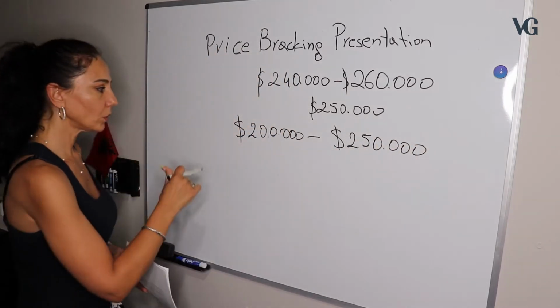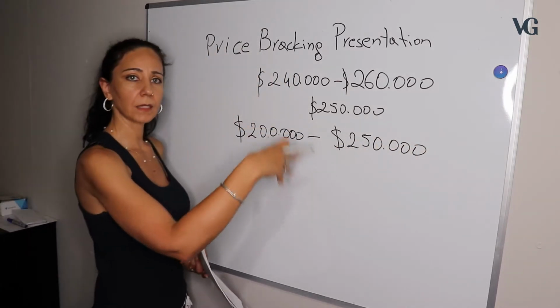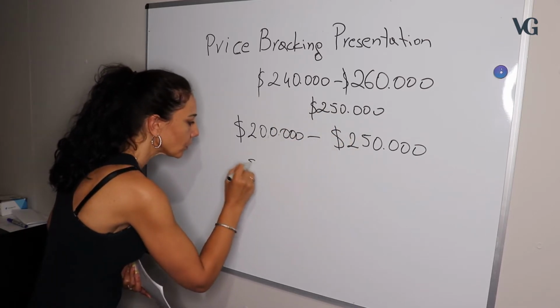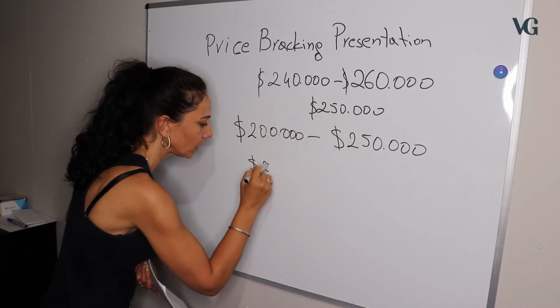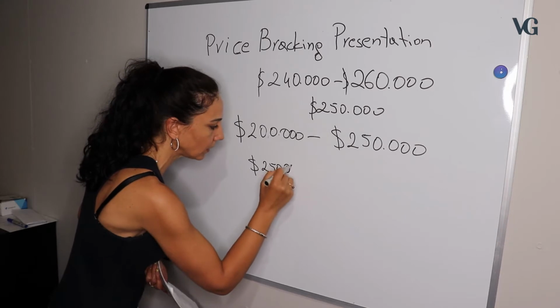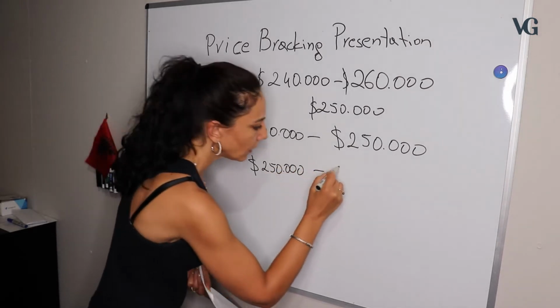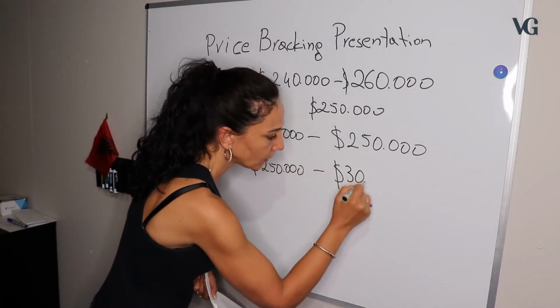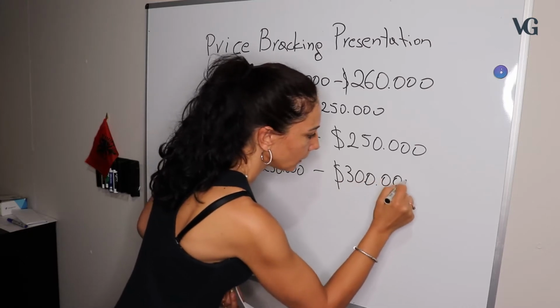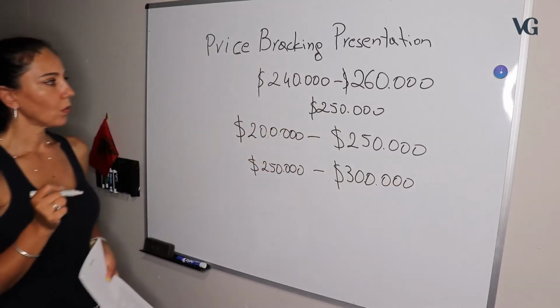Or when I know that the buyer has more budget, I'm going to search for properties between $250,000 and $300,000. All right?